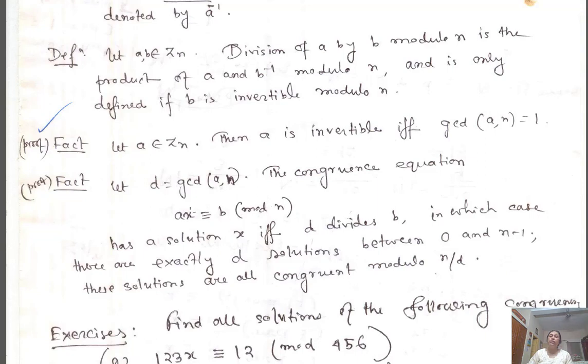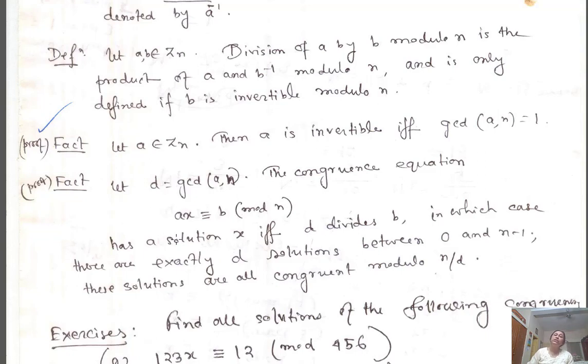This has a solution x if and only if D divides B. So GCD of A and n is D. If D divides B, then it has a solution. And this is an if and only if condition.